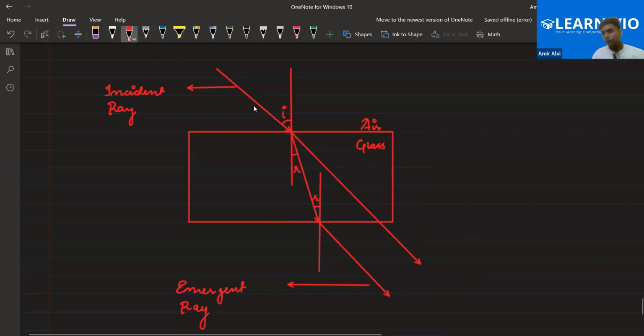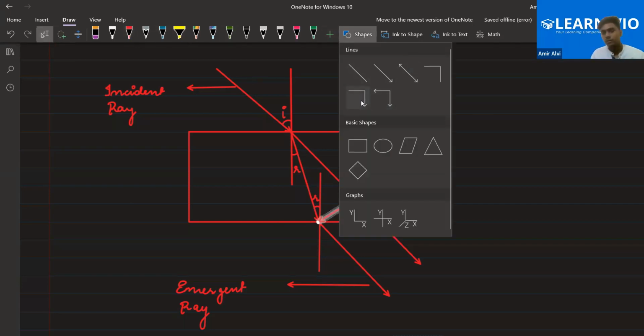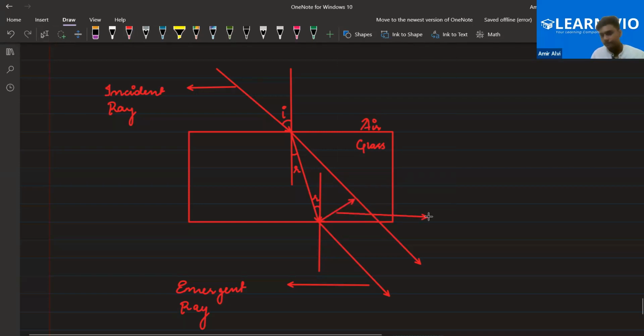This should be the path of the incident ray without any refraction. But due to the refraction, the ray has been shifted by some distance. This distance, the perpendicular distance between the emergent ray and the incident ray, is called the lateral displacement.